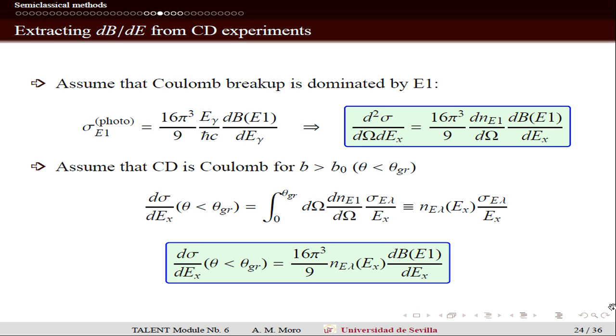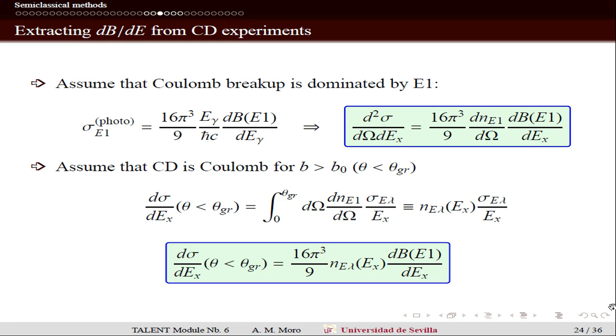We are now applying the model to weakly bound systems. So assume a process that is dominated by Coulomb breakup, so our formalism is appropriate. Of course, we could also have nuclear excitation. We have seen examples of that in the coupled-channel framework.